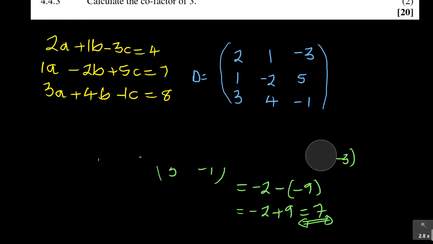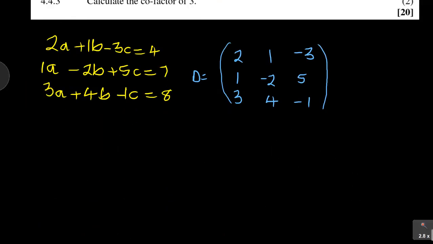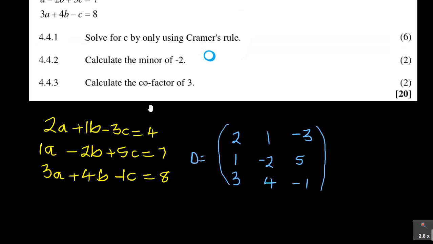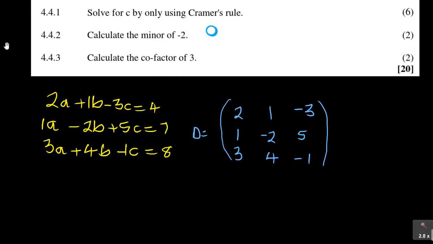And again, I still need to use the matrix that is above, so I've got to erase that. Now it says 4.3, calculate the cofactor of 3. I'm looking at 3 here, there's only one 3, and they want me to find the cofactor.